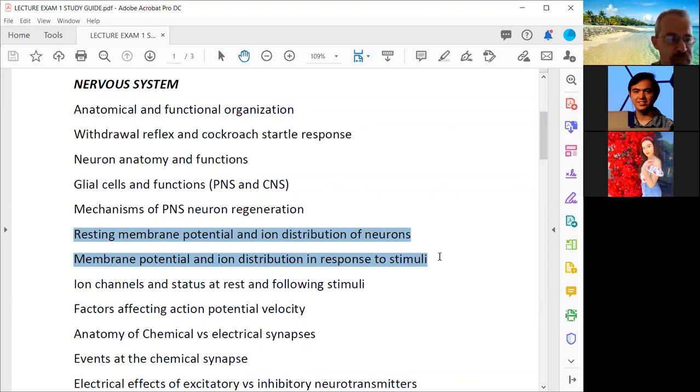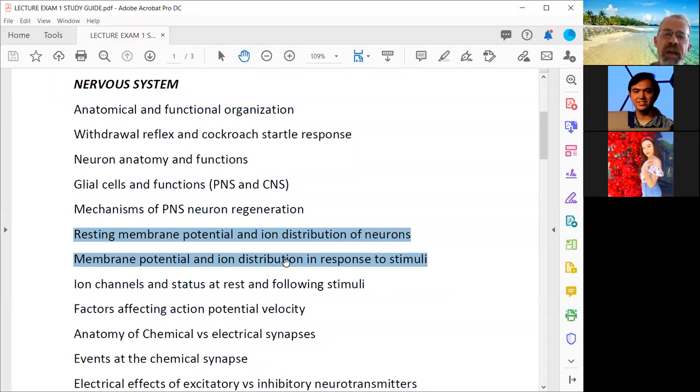But in order to prevent this continuous leakage, we also have the sodium potassium ATPase pump that brings the ions back. Kind of like if you think of a sinking boat, hopefully you're not in one, you take a bucket, fill it up with water and throw it overboard, right? That would be like the sodium potassium ATPase pump, keeping that resting membrane potential so that the ions don't leak across.